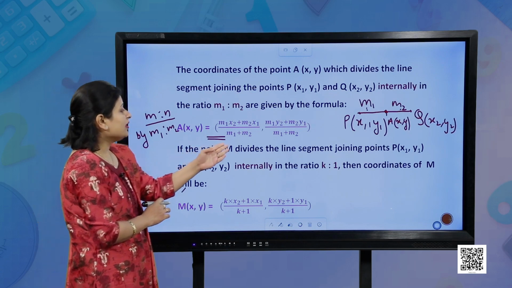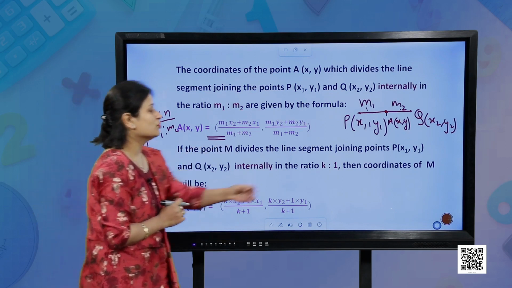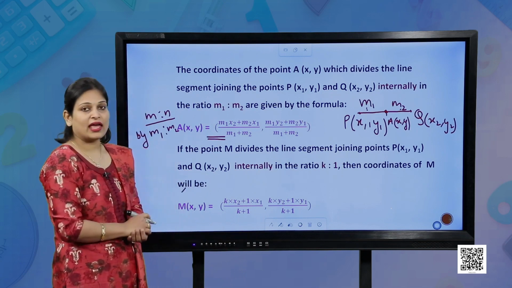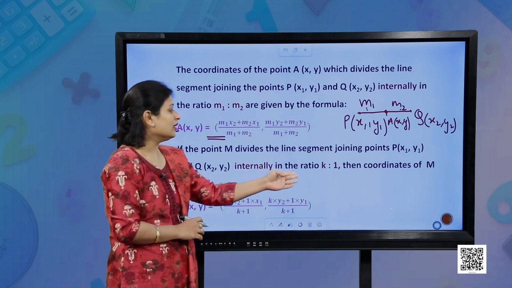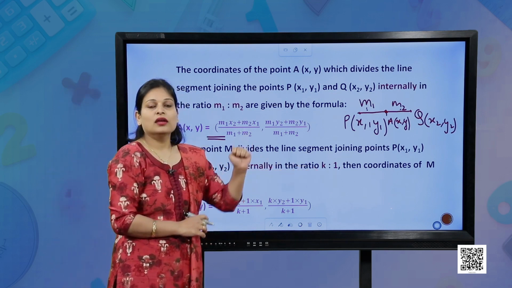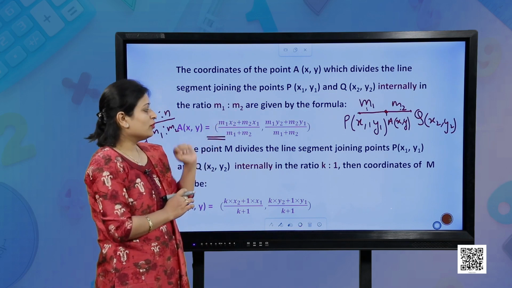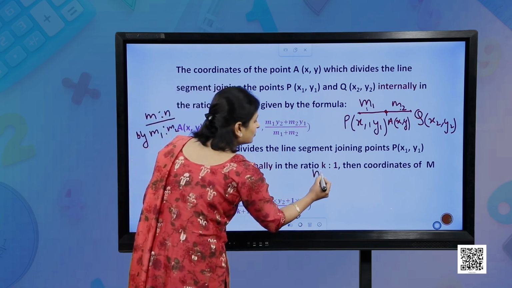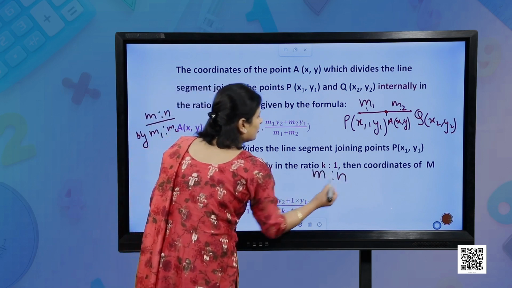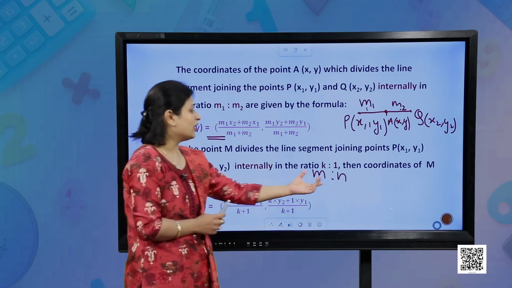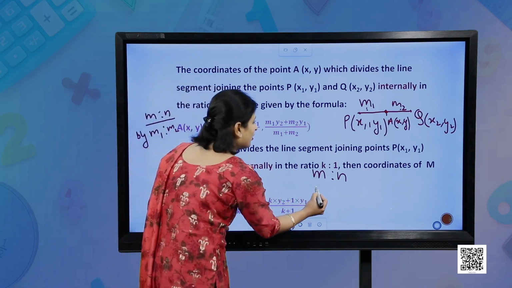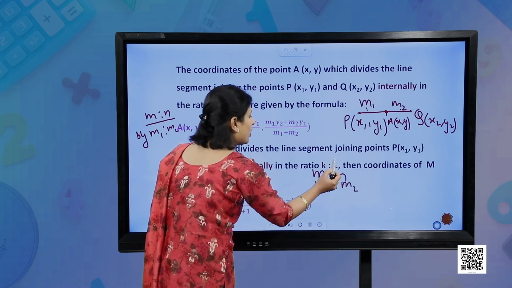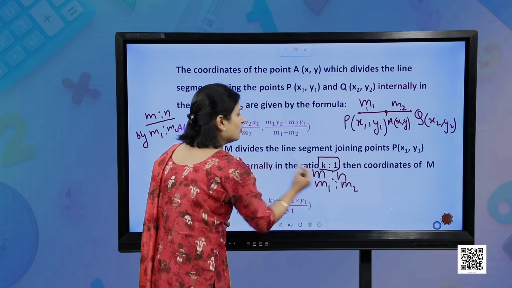Now, if the point M divides the line segment joining points P(x1, y1) and Q(x2, y2) internally in the ratio k is to 1. Now, instead of m1, m2, I have taken k is to 1. So, what will you do? First, we defined the section formula for the ratio m is to n. Then, we replaced m by m1 and n by m2. Now, it becomes k is to 1.